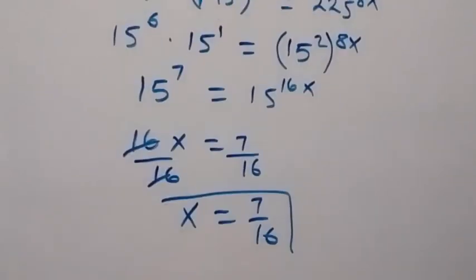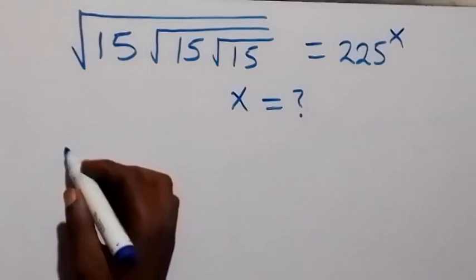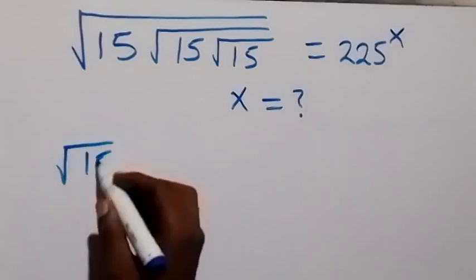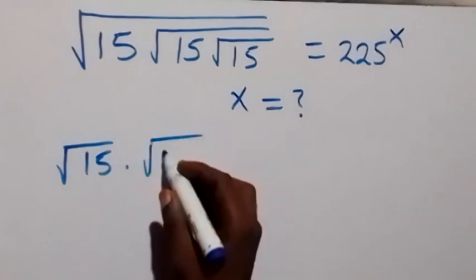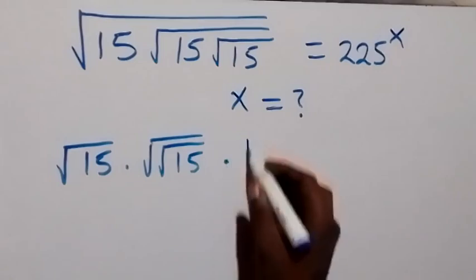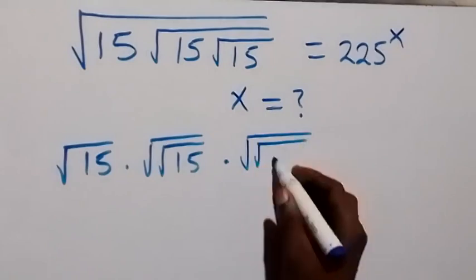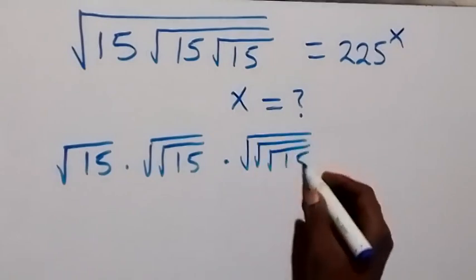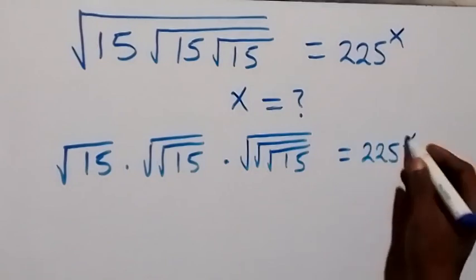So we have x equals 7 over 16 here, or we can solve this in another way, by breaking these square roots down. The first one we have root 15, then this second one we have 2 roots, that's root of root 15, and also the last one will be containing 3 square roots, then 15, then equals 225 raised to power x.